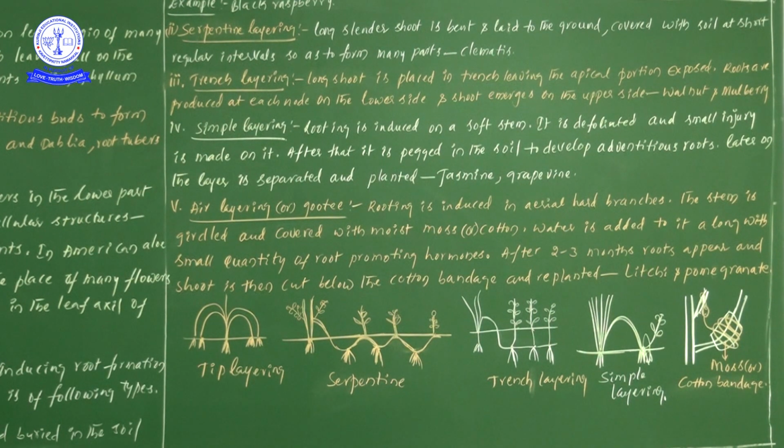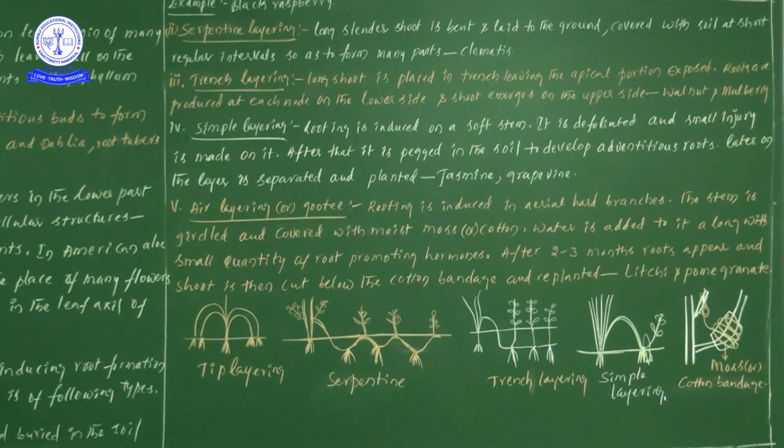Like a dig, we dig the soil, and that is the trench. The long shoot is placed in the trench, leaving the apical portion exposed. The precaution here is that the shoot system should not be buried; it must be exposed in the air.